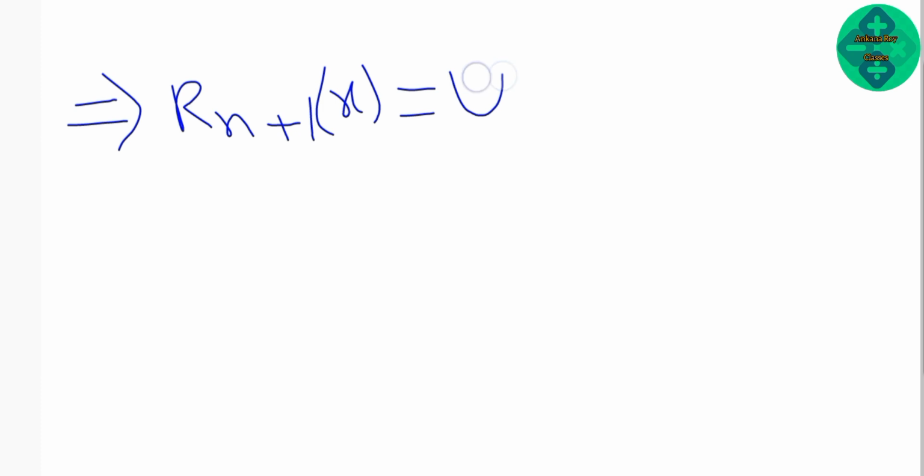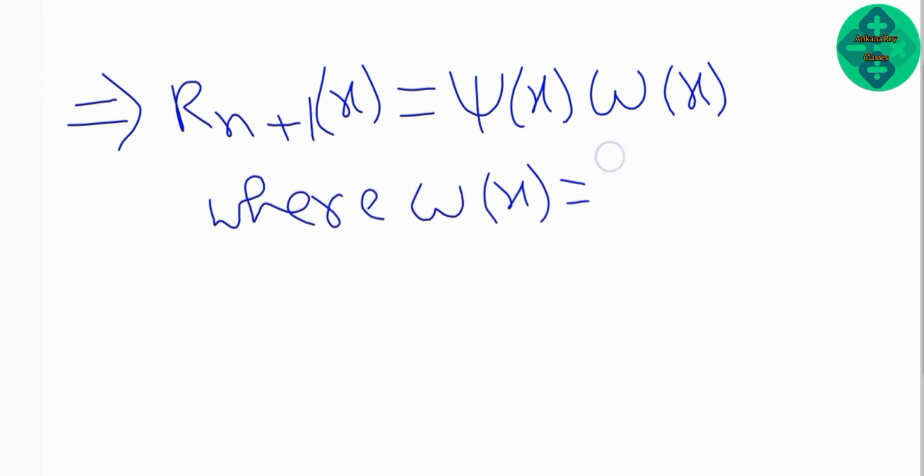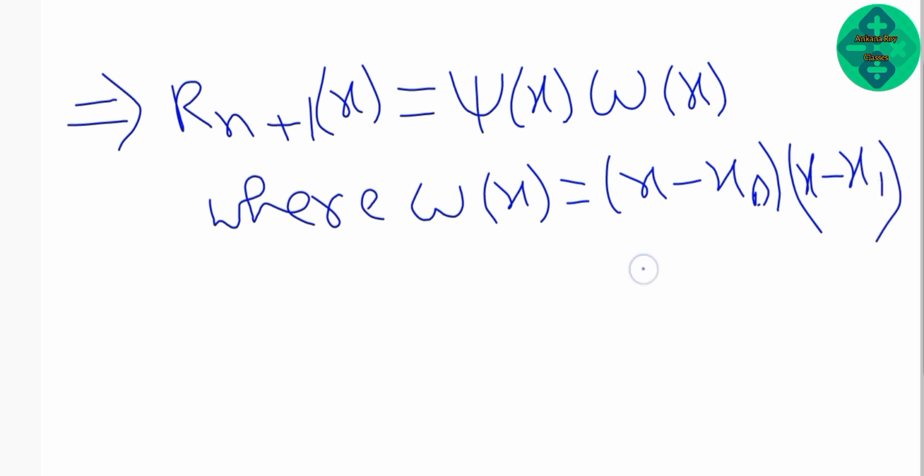This implies R n plus 1 x is equal to psi x into omega x, where omega x is equal to x minus x0, x minus x1 up to x minus xn. This is equation 4.